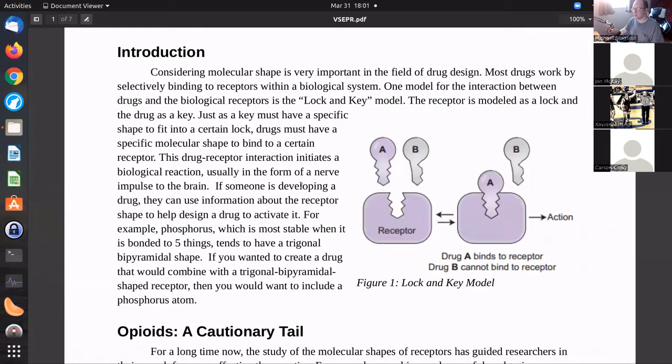So the first thing that we need to talk about is this idea of the lock and key model. Basically this has to do with the idea behind drug design, that there are receptors inside of our body and they have a little lock on them. Certain molecules are going to have a certain shape that are going to be able to bind onto that receptor.